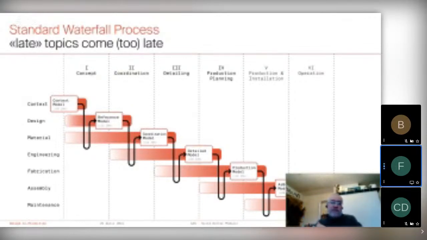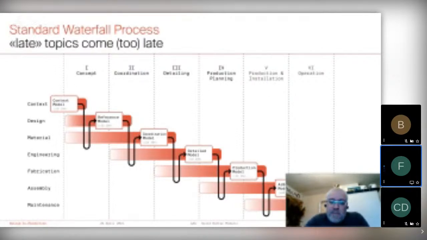Unfortunately, what we realize in the building industry is that many of the planning processes still follow the so-called waterfall model. So you have a process that needs to look into a series of different topics, which is the y-axis on the left-hand side, over a series of project stages or over time, which is the t-axis.